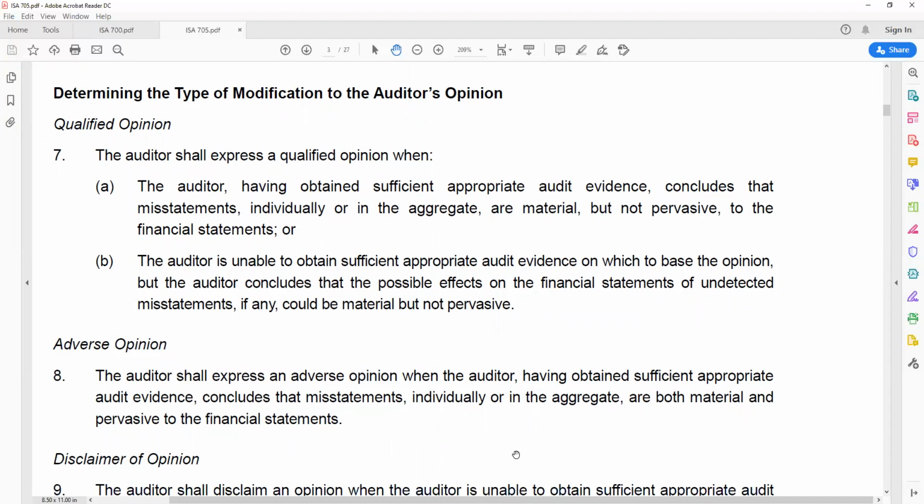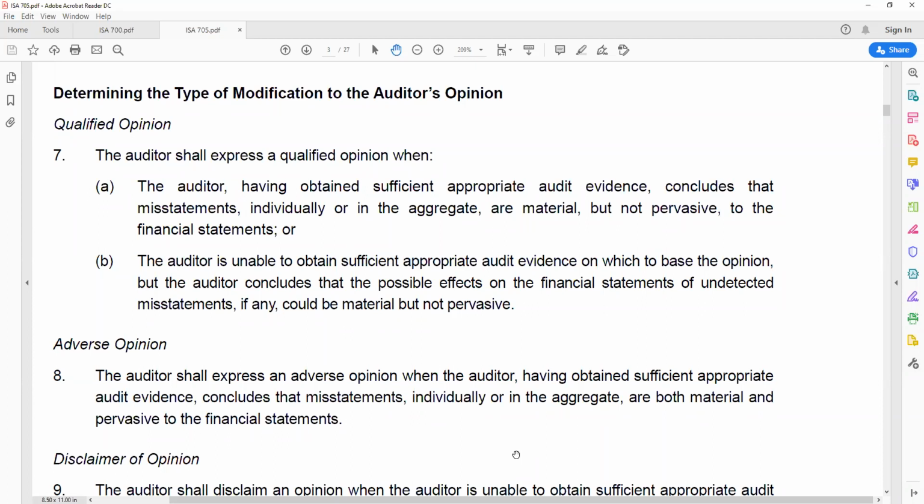Okay, there's a scope limitation. That's point B. A scope limitation is a scenario where, as an auditor, you are not able to apply all procedures. There's something preventing you from being able to apply the substantive audit procedures.